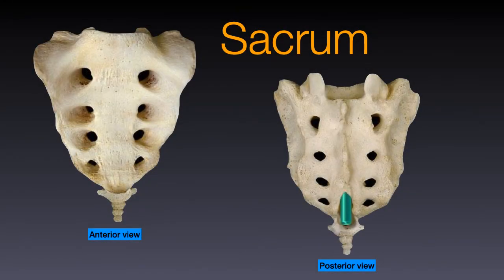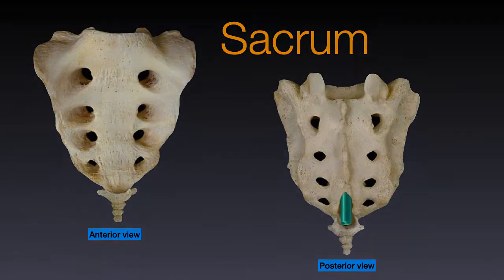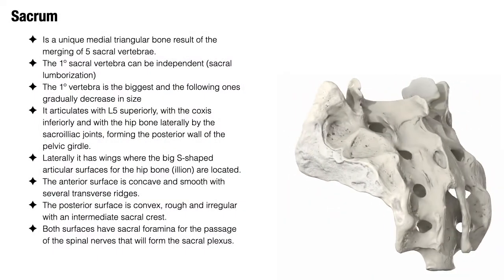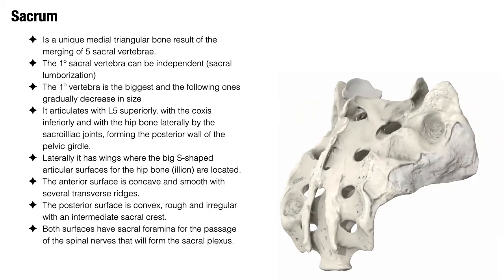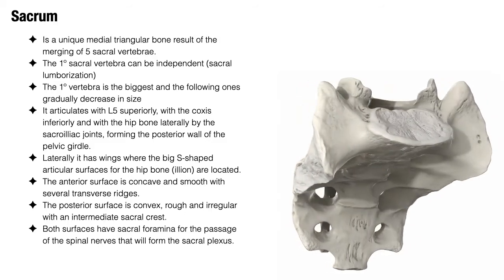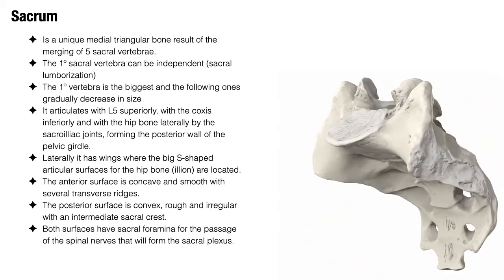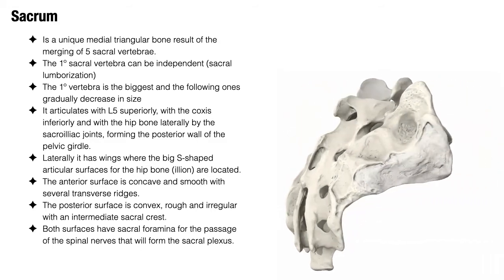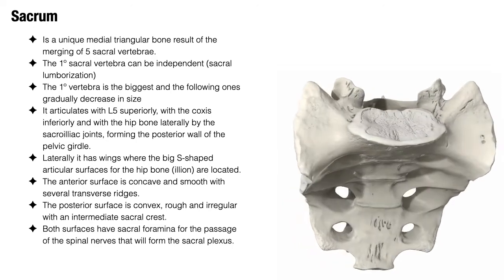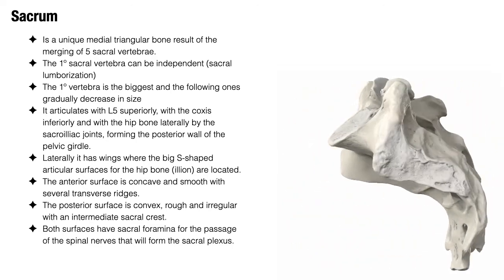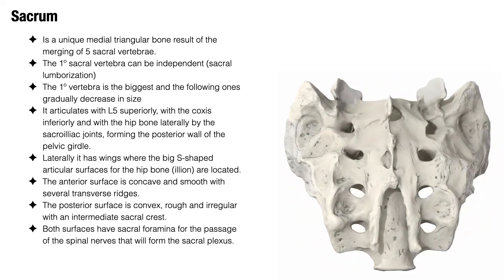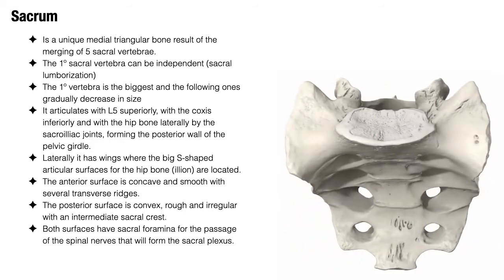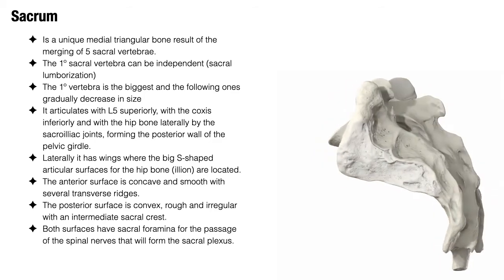All right, let's go with the sacrum. The sacrum is triangular in shape and it's a unique bone, and is the result of the merging of 5 vertebrae that become smaller as you descend in the sacrum. Sometimes S1 can be independent in what we call sacral lumbarization.